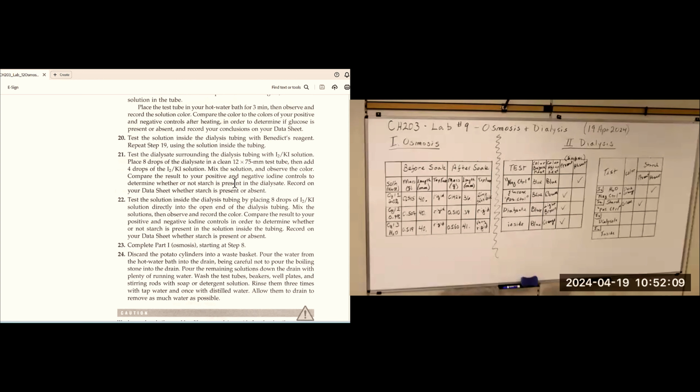Did they do the same thing? Was this from the inside or outside? This was outside, right? That's the dialysate. It should be the same color.